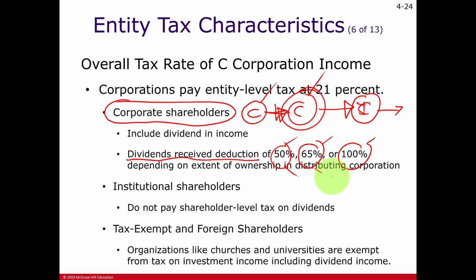And the percentage here depends upon how much ownership this corporation has in the stock of this paying corporation. Pretty much, if you get 100, you're pretty much owning this corporation. You're the parent of this subsidiary here. So we'll cover more of this calculation in a future chapter regarding corporate taxation.